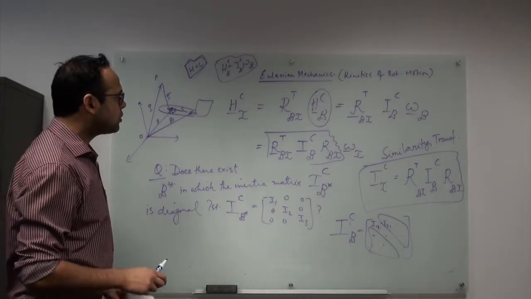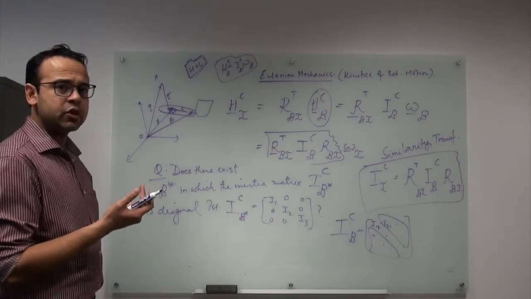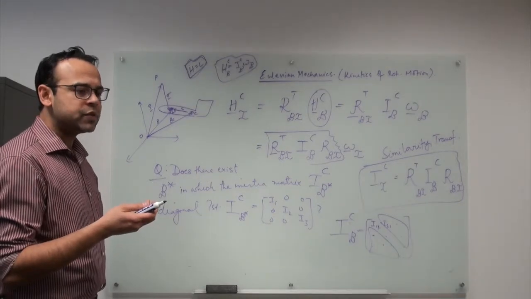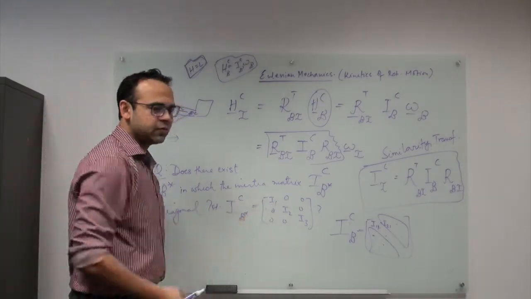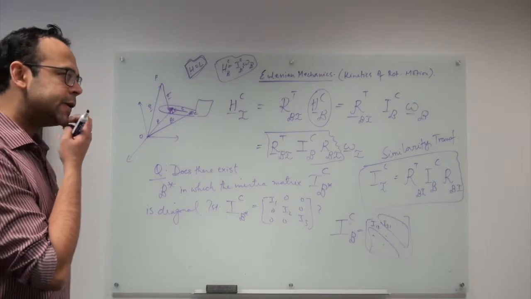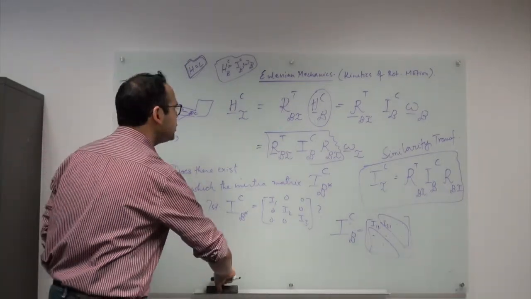Okay, so how would you go about solving this problem? This is kind of an inverse problem, right? We are looking for a reference frame in which the matrix would have a nice desirable structure. So here's what we're going to do.